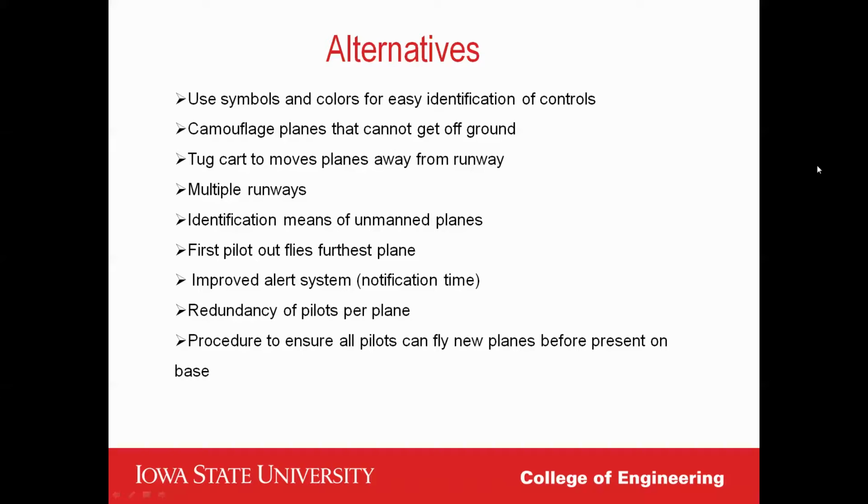Last but not least, on our alternative list is a procedure to ensure all pilots can fly new planes before the planes are actually present on the base. So this would ensure all pilots are well prepared and comfortable with the design of the plane before the plane even arrives or is put on the base.